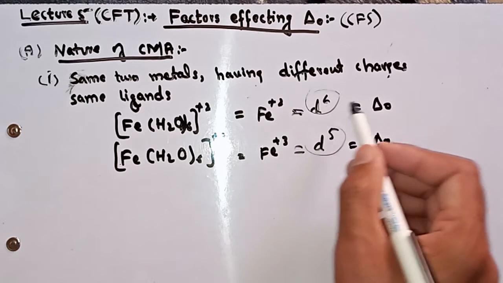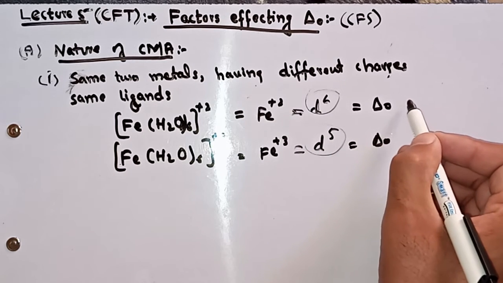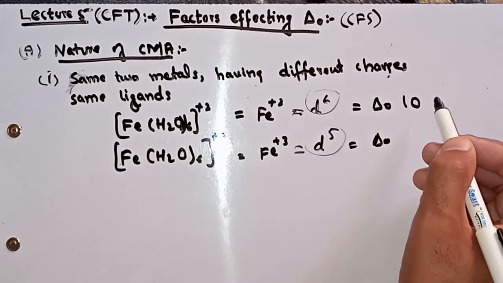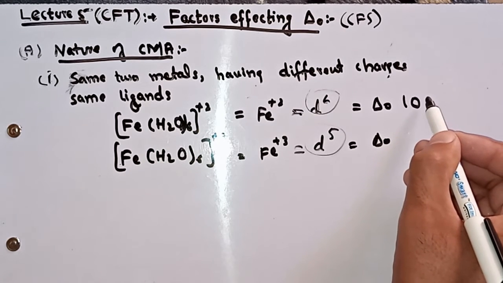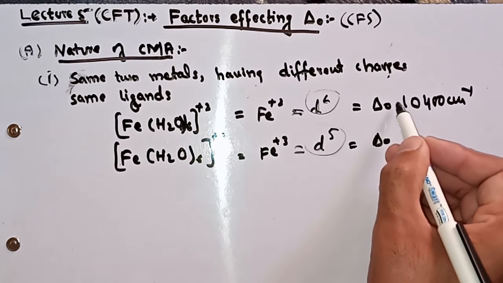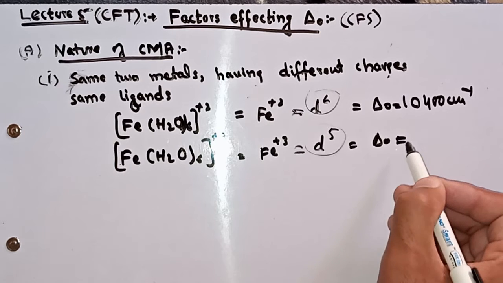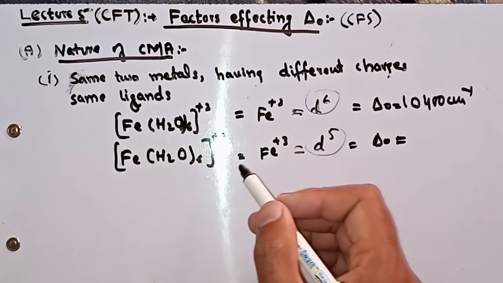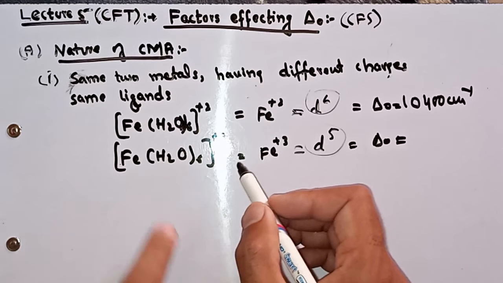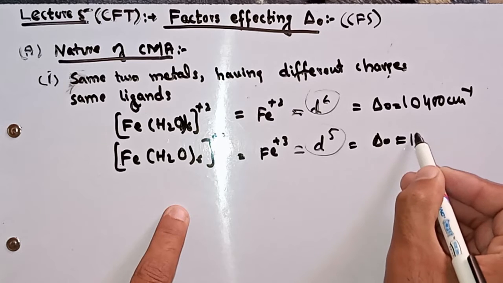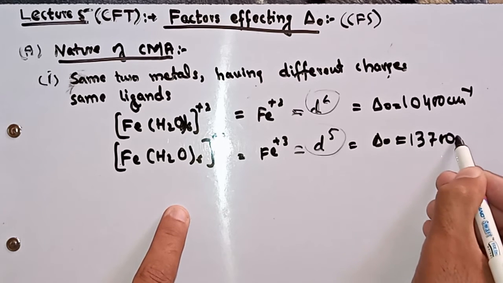In the case of the plus 2 oxidation state, the experimental value of the crystal field splitting for the Fe(H2O)6 complex is 10,400 centimeter inverse, while for the plus 3 oxidation state on iron in the hexaaqua system it is 13,700 centimeter inverse.